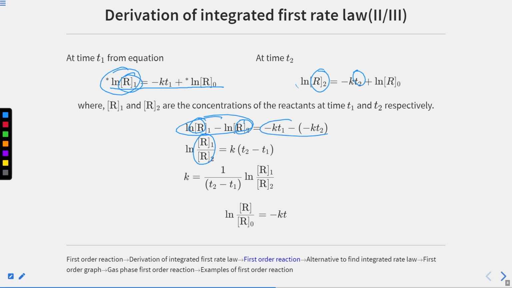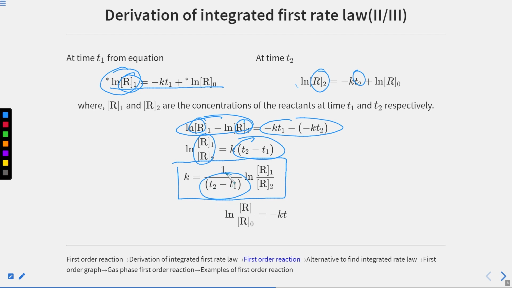Here we have just solved this equation, put a positive sign here, taken k outside, and that would give us t2 minus t1. Okay, is this clear to you? Right. Now we will just cross multiply it here. That would give us the total equation as 1 by k is equals to 1 by t2 minus t1 multiplied by ln of R1 by R2.